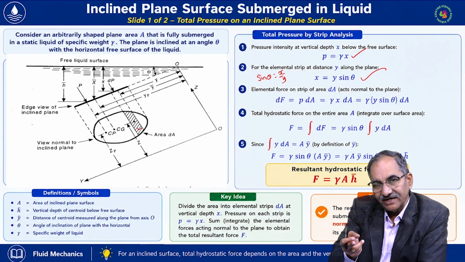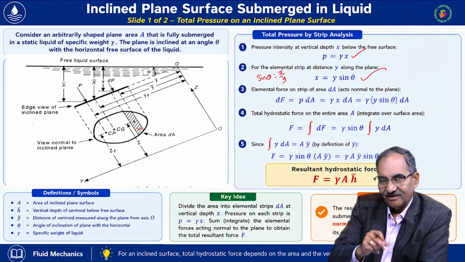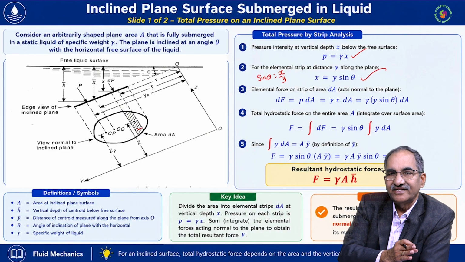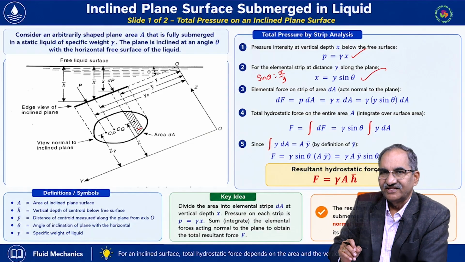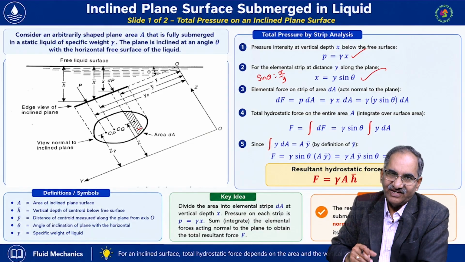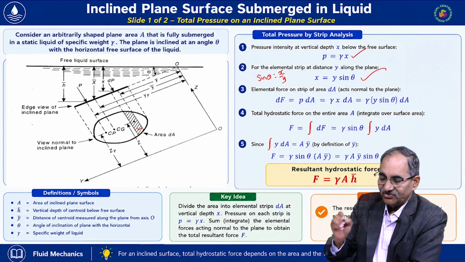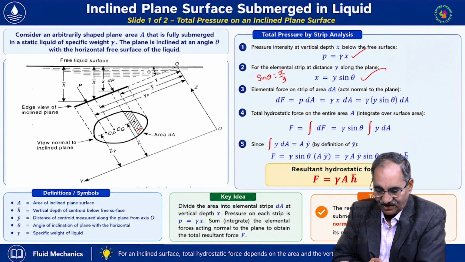Now we repeat the process for the vertical plane surface, and at the end of the derivation we convert that into the original free surface, so that we get the derivation for the inclined plane surface submerged in a liquid. So this is the first step which we have done.